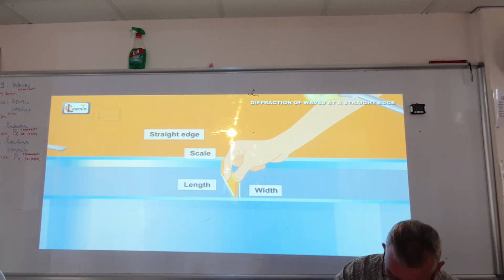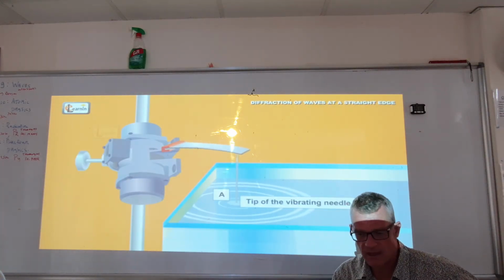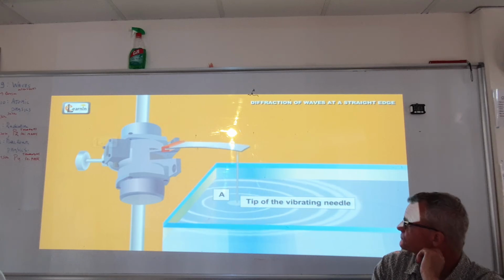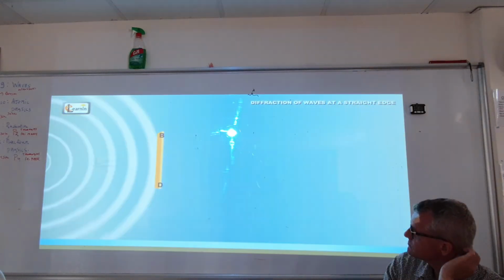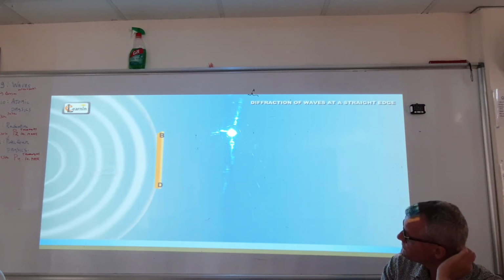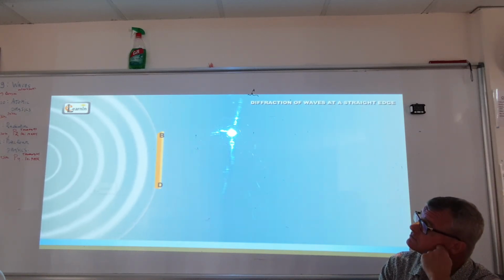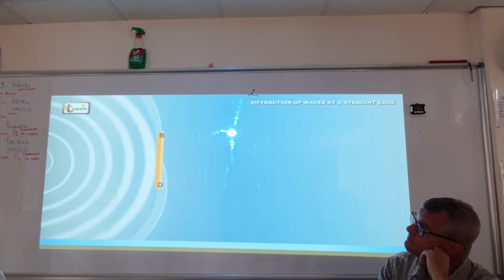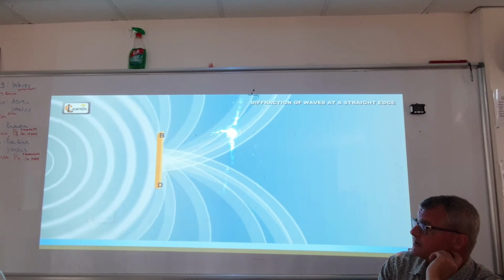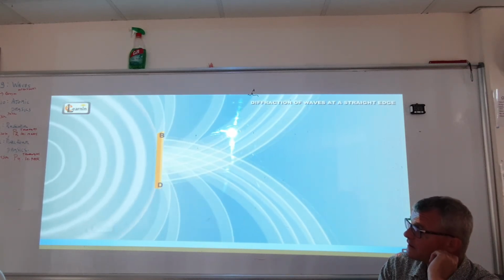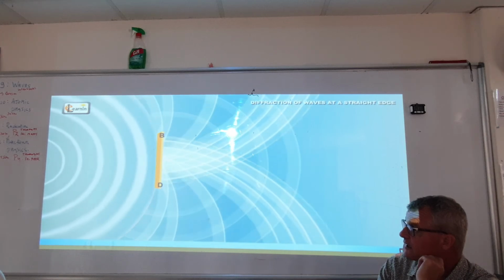So it is the bending of a wave around an obstacle. And what do we see? We see that the waves are bending around B and D. Okay?